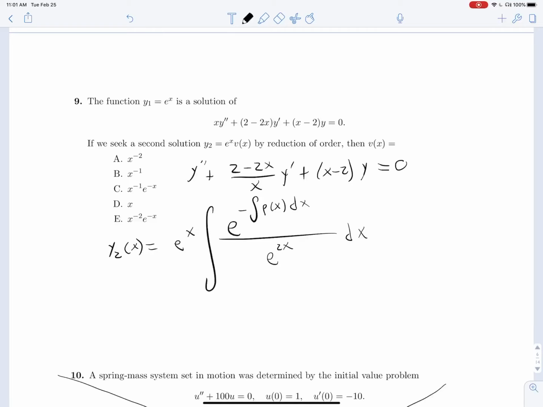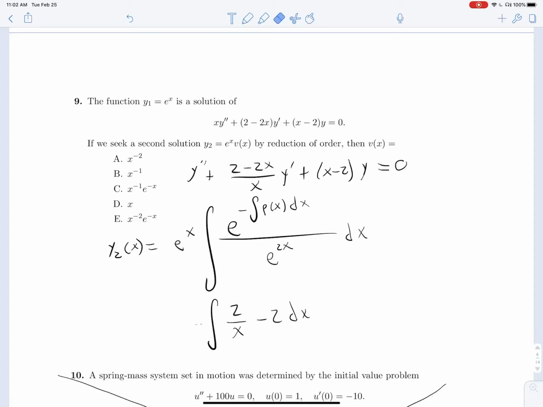e to the 2x, and then we're going to need the negative integral of p of x. That's going to be the negative integral of this term right here, which is (2 minus 2x) over x. We can split this up as 2 over x minus 2 dx.